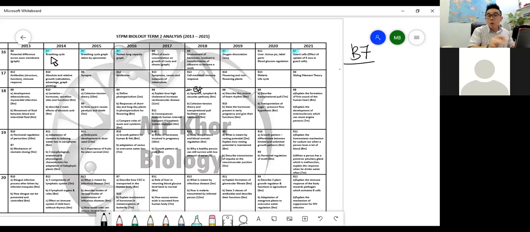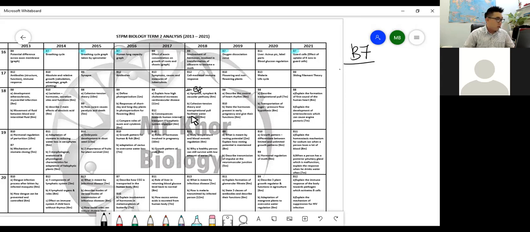Although they have asked, whatever came out last year, 90% cannot repeat lah. You can check yourself. 2021, check with 2020. 2020, check with 2019. 2019, check with 2018. There won't be more than 10% similarity. Even the 10% that they repeat, the subtopic, the questions have differences to maintain that high standard of STPM.